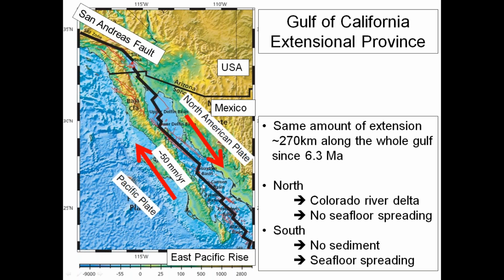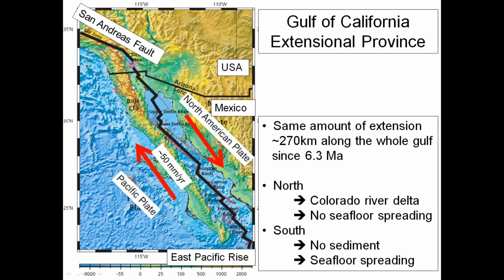The plate motion is about 50 millimeters per year in a slightly different direction from the transform faults, which is known as oblique rifting. San Andreas fault is in the north and is partitioned in the south.